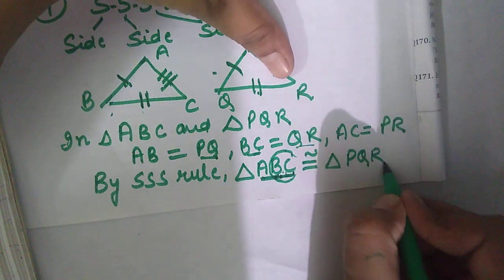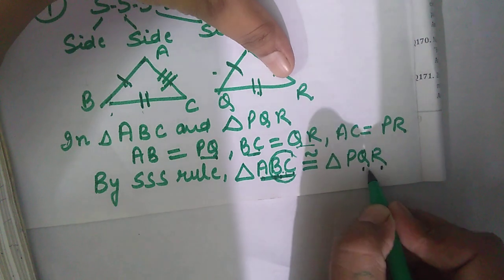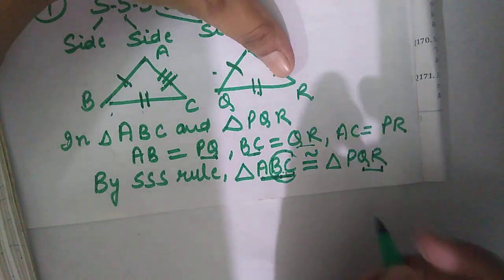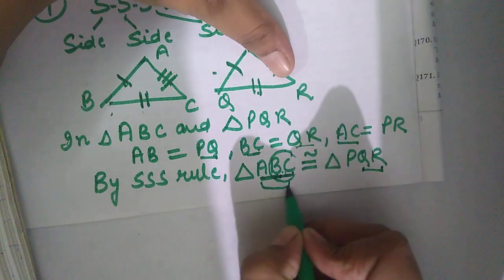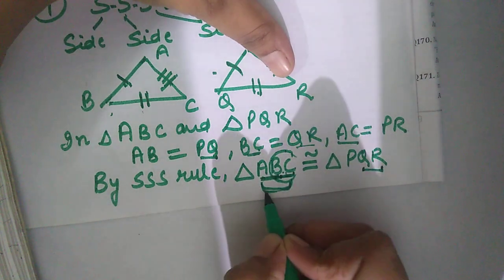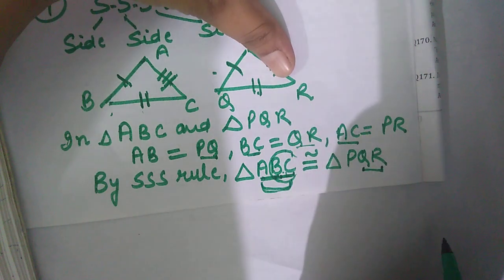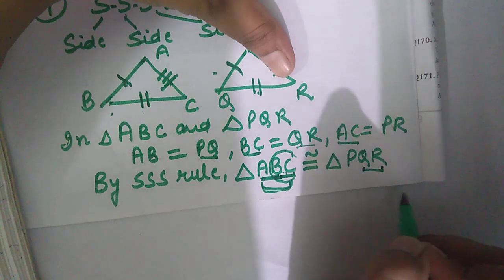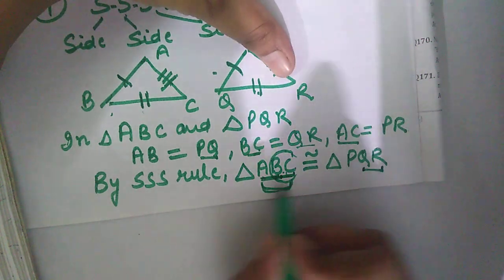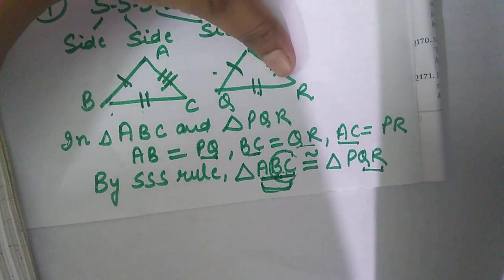So I will write QR because Q is already here and it is R. Now we will check the third side. AC is corresponding to PR, and in this AC is first and third position. So there must be P and R at the first and third position. So this is the naming of congruence. This is known as the symbolic form of congruency.